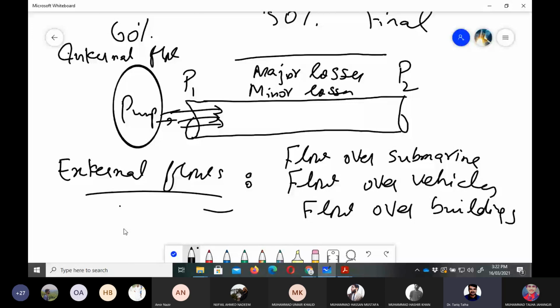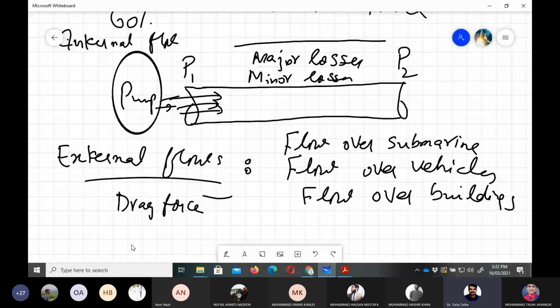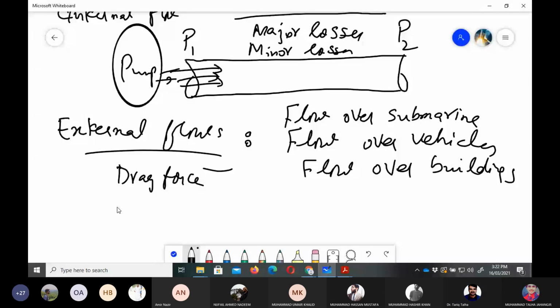One is drag force, and the other one is lift force. Drag force is usually in the direction parallel to the flow, but in the opposite direction.